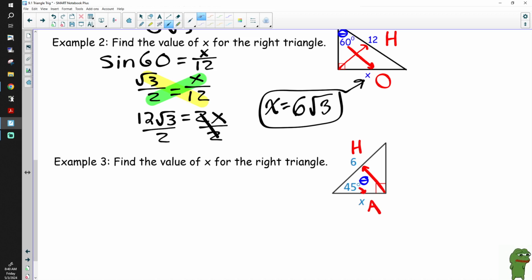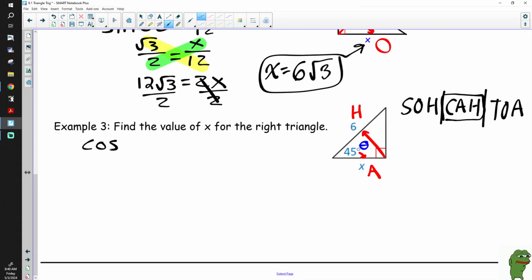I have an A, I have an H, so when I write SOHCAHTOA, the only trig function that has A and H in it is cosine, C-A-H. So I know I'm going to use cosine for this problem.